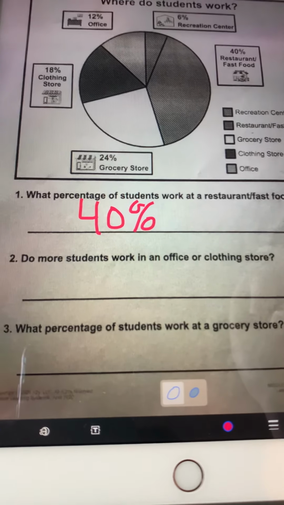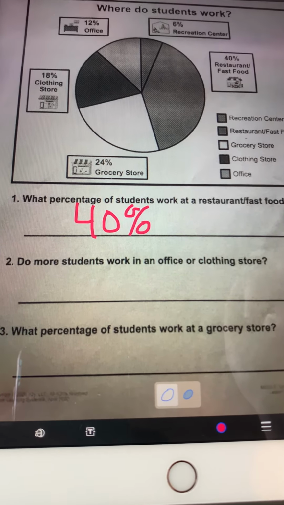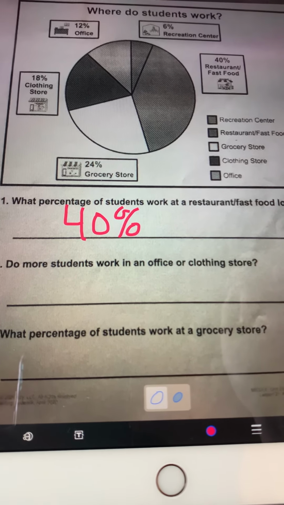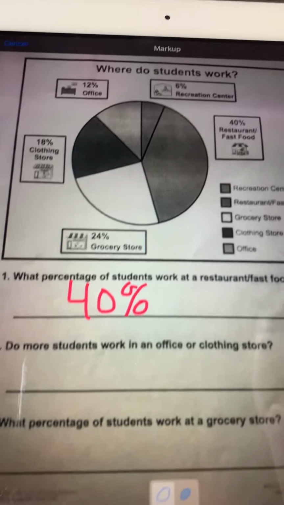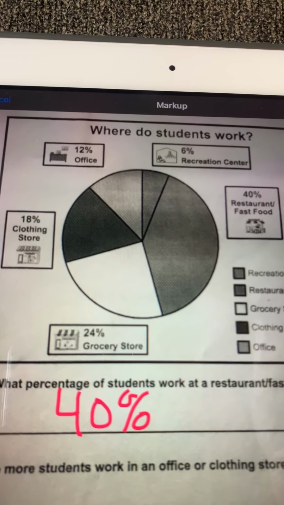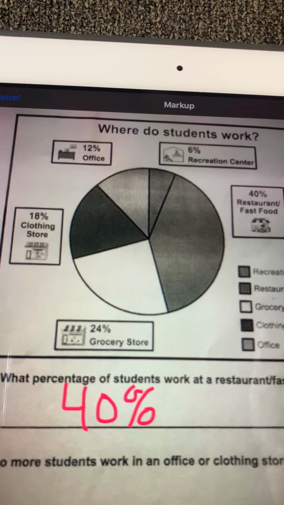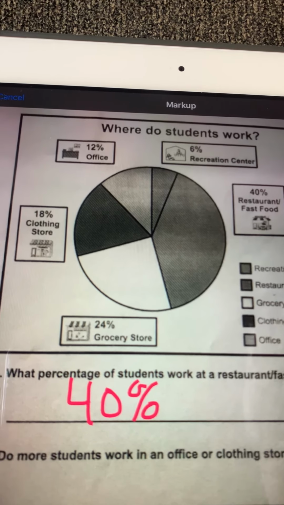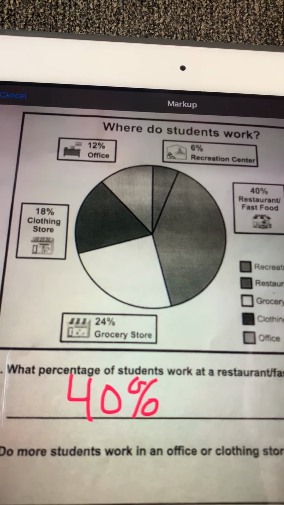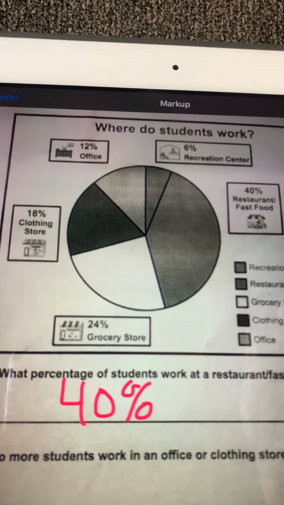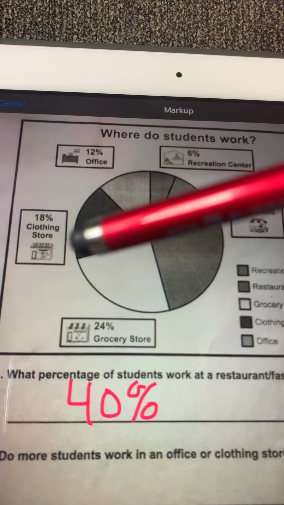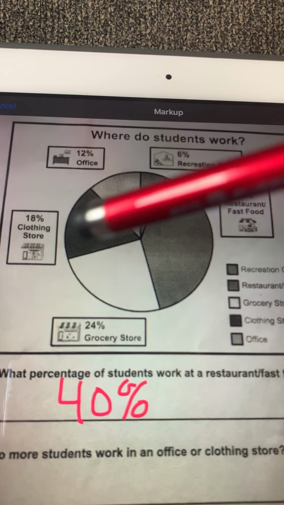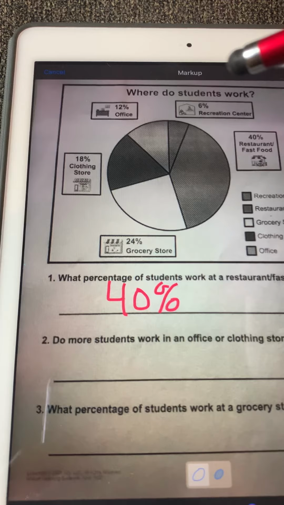Okay, and for number 2, it says, do more students work in an office or clothing store? So we have to see. It says 12% works in the office and 18% works in the clothing store. Well, which one's the higher number? 18 is the higher number, so we're going to write that more students work in the clothing store.